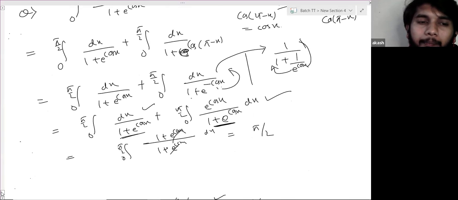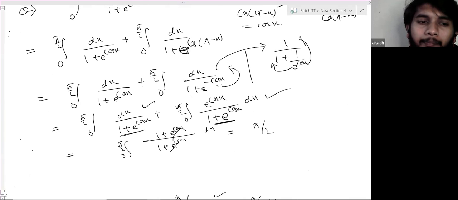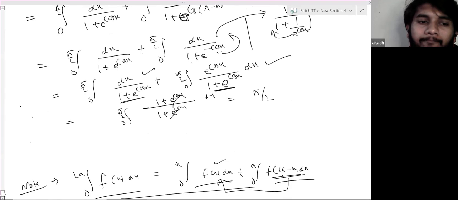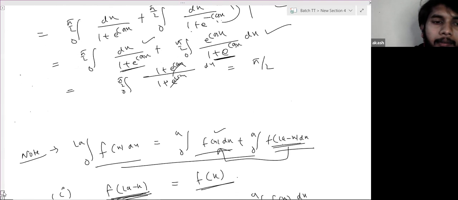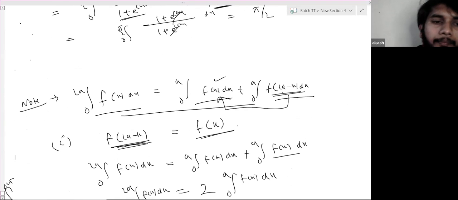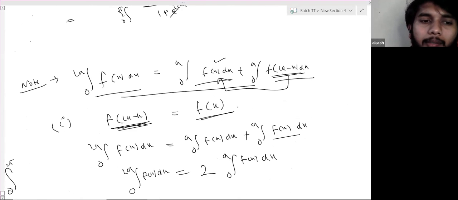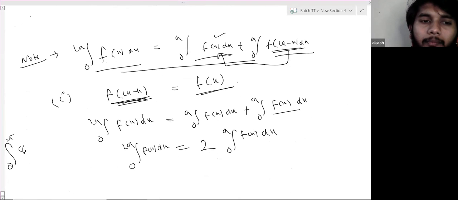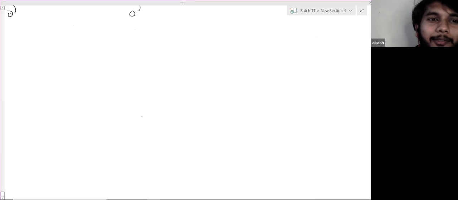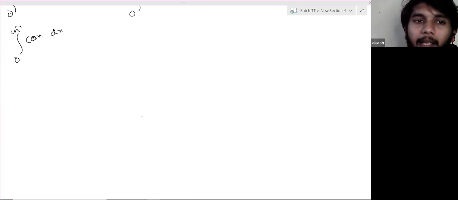Right, integration 0 to 2 pi cos x dx, you have. So if I have to use this property in this, then I'll use f of x and f of 2a minus x.